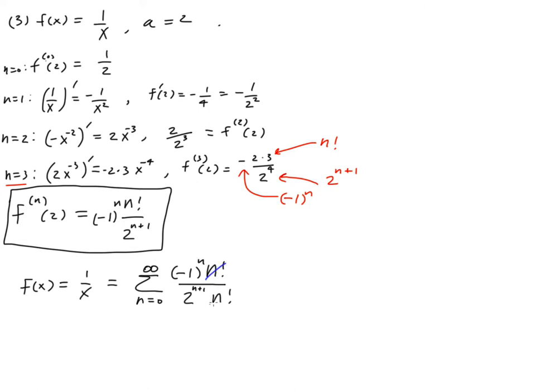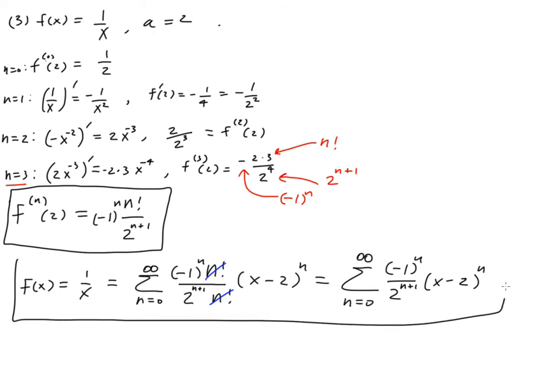Of course, these will cancel. I'll do that on the next line. We're going to go x minus 2 to the n. So now I'm going to simplify my work a little bit now that I've canceled my n factorials, and just write it as negative 1 to the n all over 2 to the n plus 1 times x minus 2 to the n power. All right, so that right there is my final answer for this problem.